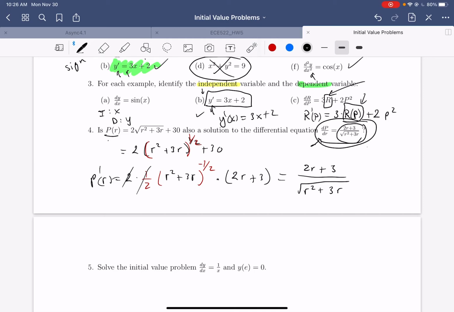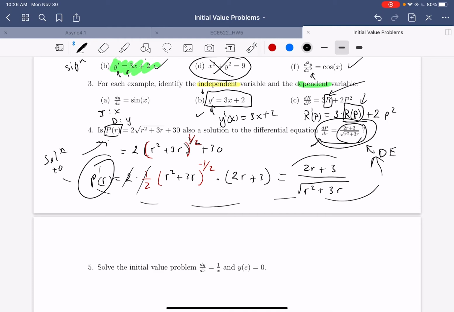This differential equation is true, it's valid for this function, and that means that p is a solution to this differential equation here. When you plug it in, it works. When I plugged it in, its derivative is the thing it's supposed to be.